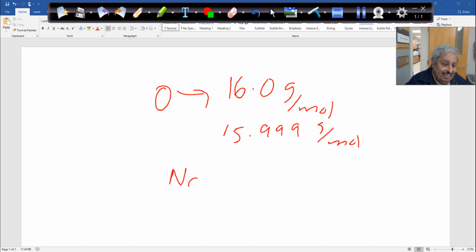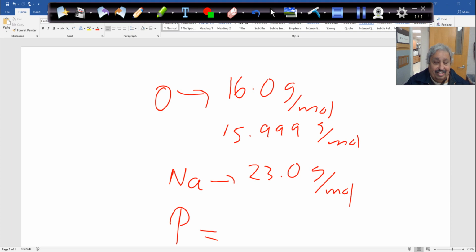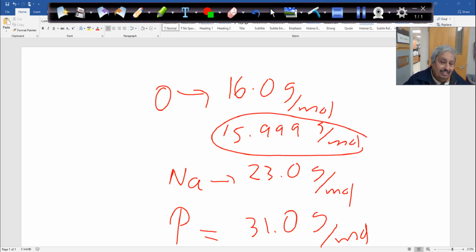Sodium, we used 23 gram per mole. That's not true. Phosphorus, we used 31.0 gram per mole, just whole rounding. But if you use what's really inside the periodic table, oxygen will be off a little bit, and the same thing with sodium and phosphorus. So that's what came to 163.94.